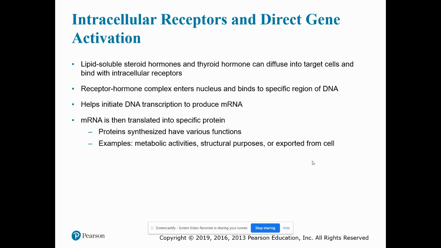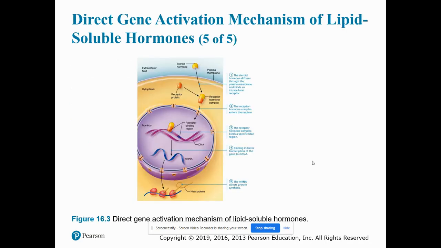Proteins synthesized have various functions. Examples include metabolic activity, structural purposes, or it may be exported from the cell. But that's what this diagram is showing. So the first thing we have is the steroid hormone outside the cell. It has to get into the cell. It'll bind to the receptor inside of the cell, which is an intracellular receptor.